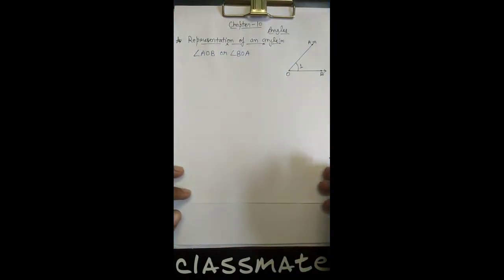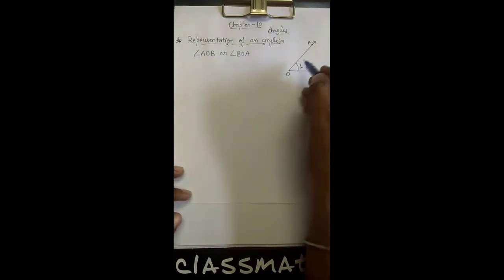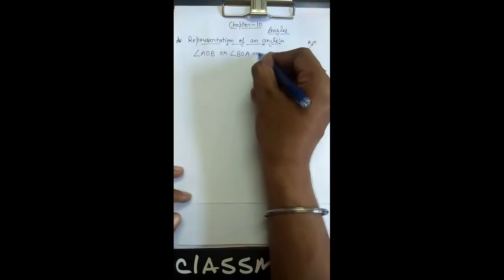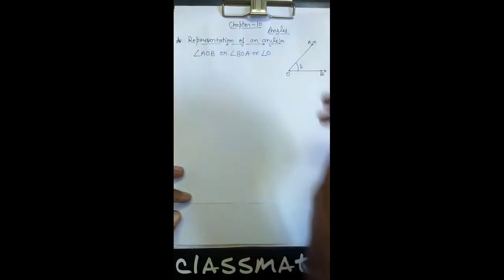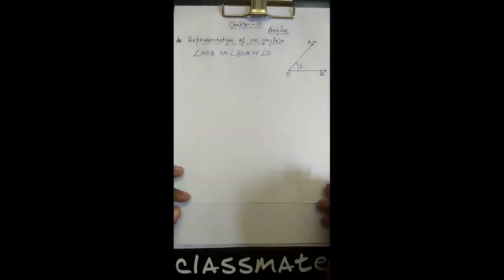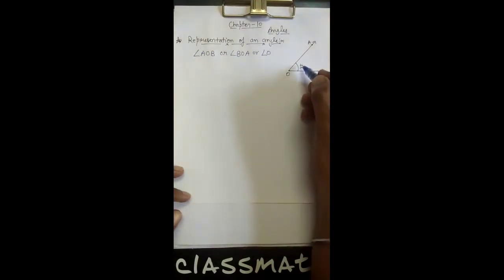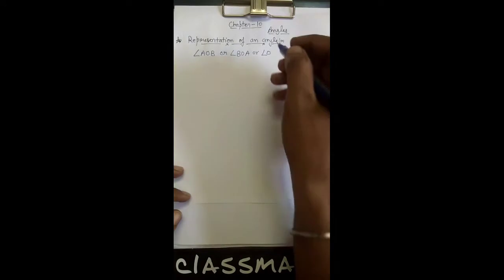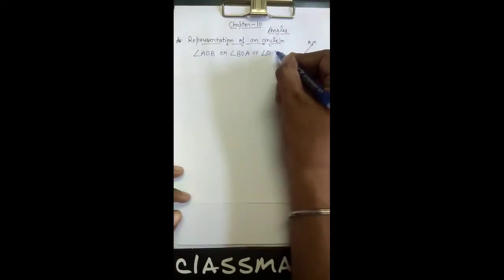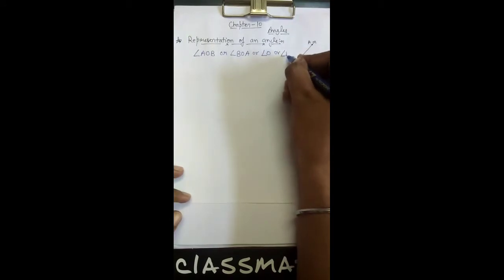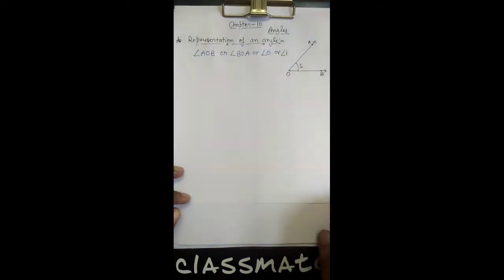Another way: if the angle is formed on the vertex O, you can simply write this angle as angle O as well. Here, 1 is also mentioned, so another way of representing this is angle 1 also. All these are the representations of this angle AOB.